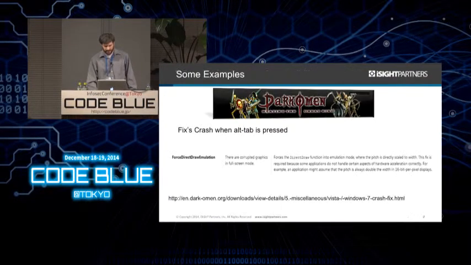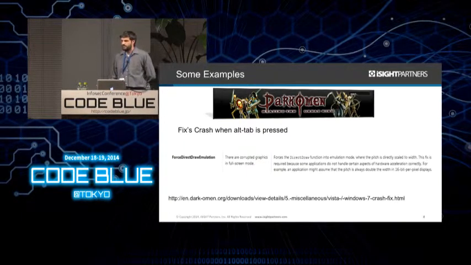Here's an example of a game I've never played before, but I came across its fix when I was doing my research. And when you play this game, and I guess if it's an older game and you bring it to Windows 7 or Vista, it will crash when you perform an Alt-Tab. And so either the creators of this game or a big fan of this game created a Microsoft Fix-It to address this.